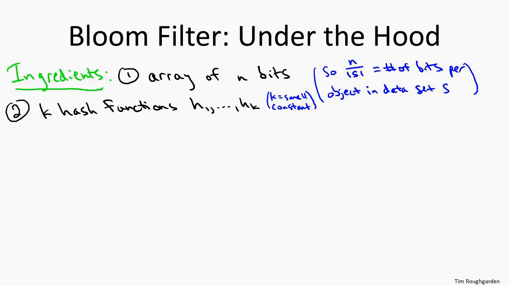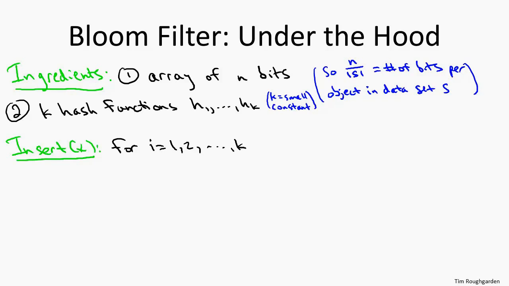So instead of choosing just one hash function at random from a universal family, you can make K independent random choices from a universal family. In fact, in practice, it seems to typically be enough to just use 2 different hash functions and then generate K different linear combinations of those 2 hash functions. But for the purposes of this video, let's just assume that we've done enough work to come up with K different good hash functions, and that's what we're going to be using in our Bloom filter.